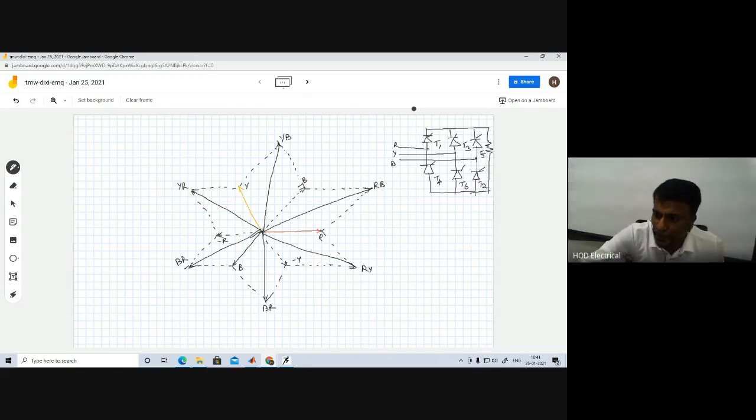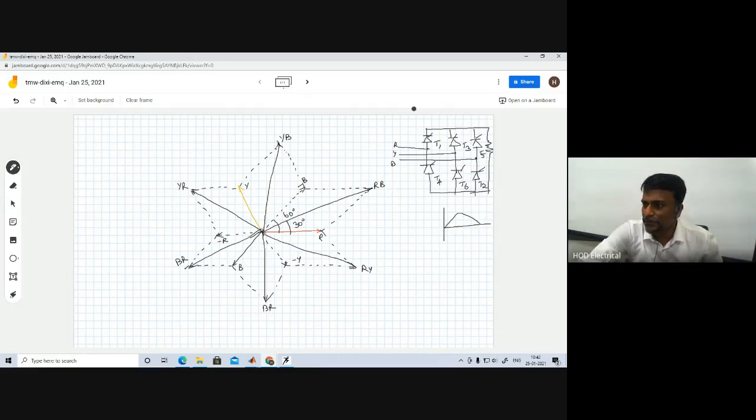Now, if we say this angle is 30 degree, then this angle is 60 degree. When we have a three-phase waveform, we have the first phase, the second phase, then the third phase will come. So this angle is called 30 degree. This is called the crossover point.